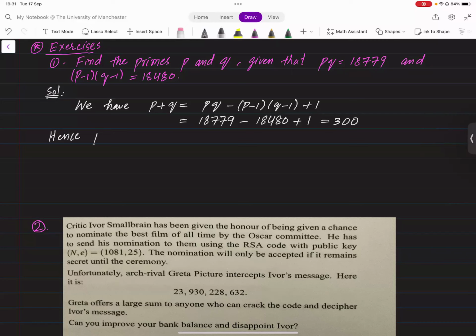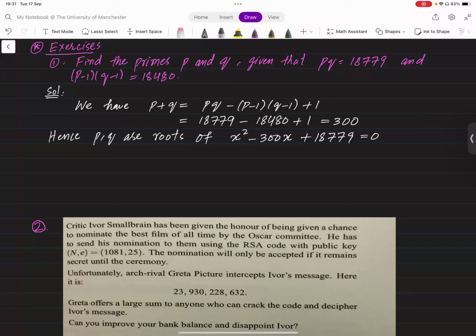Hence, P, Q are roots of the quadratic equation x squared minus 300x plus 18779 equals 0.